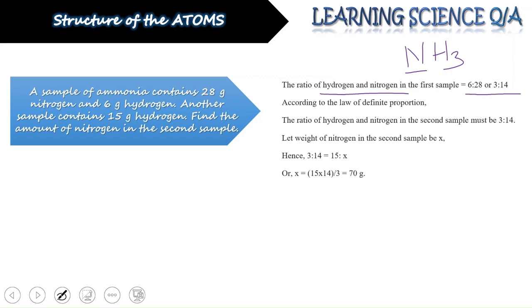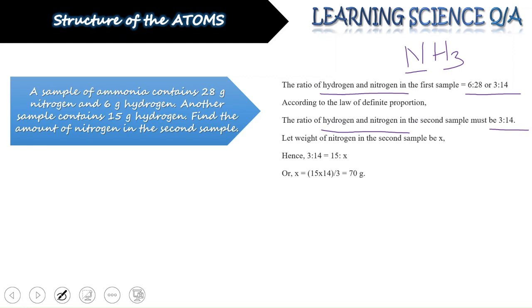So according to the law of definite proportion, the hydrogen and nitrogen ratio in any sample of ammonia, no matter from where it has been collected or prepared, must satisfy the 3 is to 14 ratio. So if the other sample is also of ammonia, then this ratio must be there.